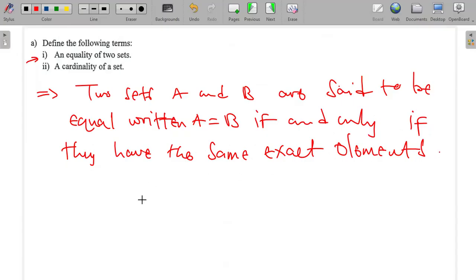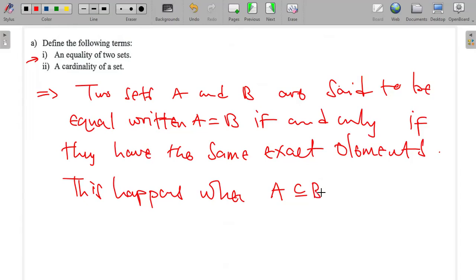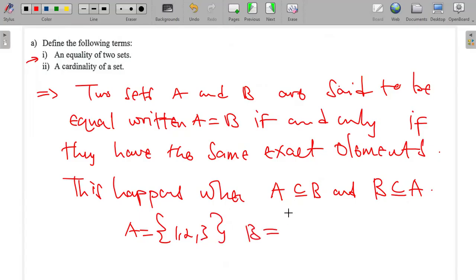The equality of sets happens when set A is a subset of set B and set B is a subset of set A. Simply meaning, for example, A has 1, 2, 3, and B also has 1, 2, 3.